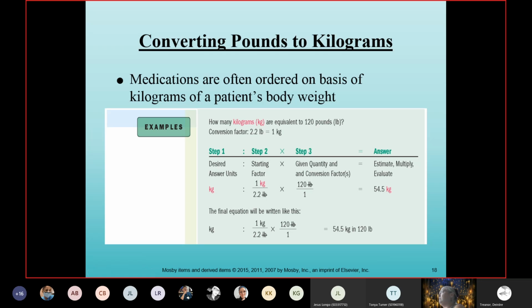Again, this goes into pounds to kilos. So oftentimes you guys are going to be doing this a lot. I mean, I can't even emphasize how much you're going to be doing this. So how many kilograms are equal to 120 pounds? So we kind of already did this one already, but you can plug in any numbers, but you're going to be converting a lot.